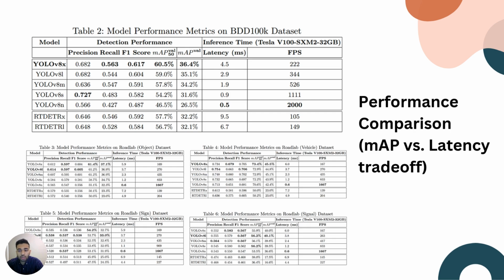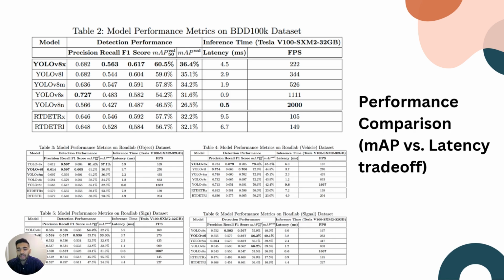Now, similarly for the RoadLab datasets, for the RoadLab object dataset, YOLOv8X achieves 37.1% mAP with 5.9 milliseconds latency, whereas RT-DETR-X achieves 23.3% mAP with 7.2 milliseconds latency. For the vehicle one, YOLOv8X and L significantly outshine RT-DETR-X again.